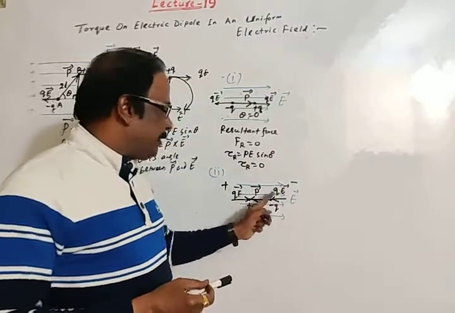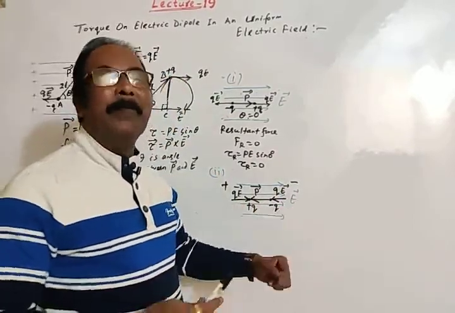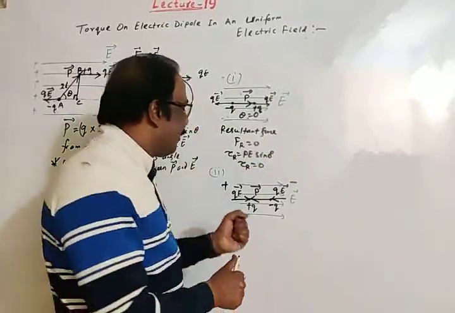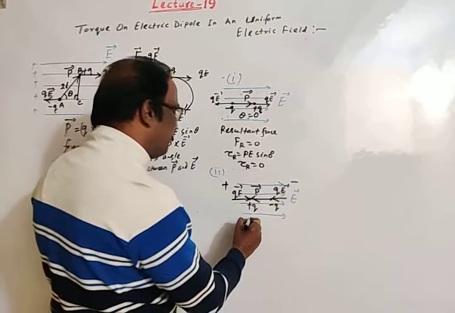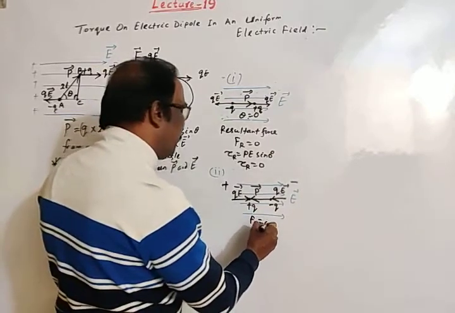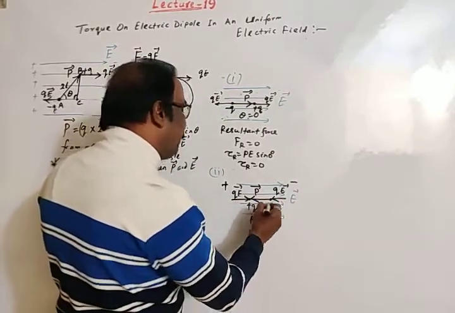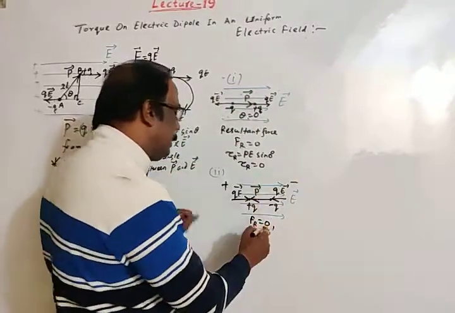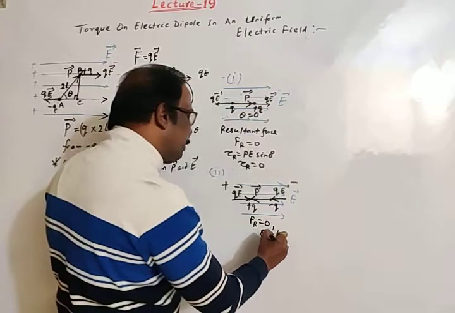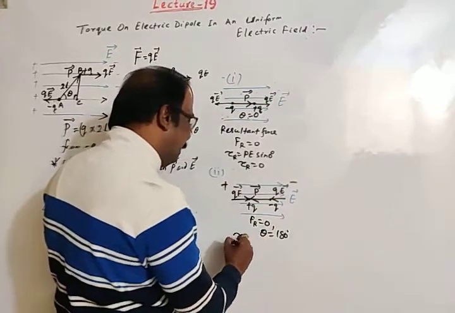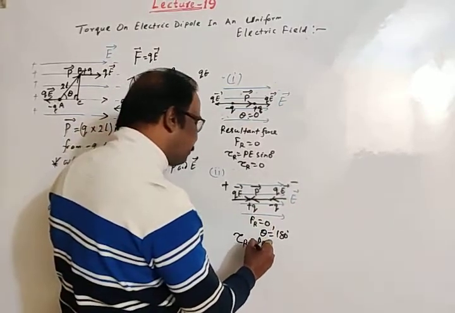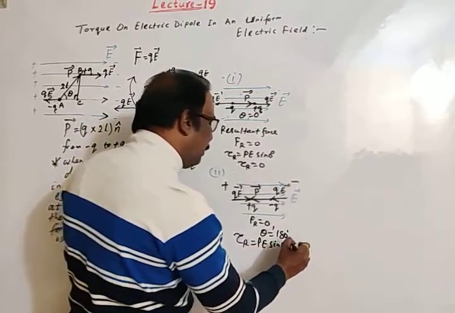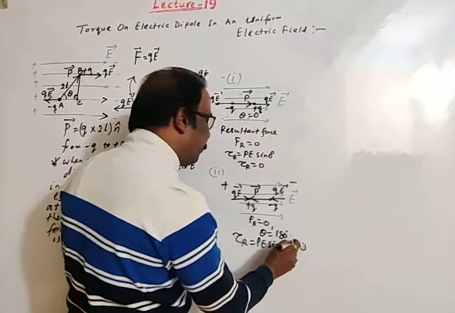Since these two forces are equal in magnitude and opposite in direction, the resultant force is 0. The dipole moment and electric field are oppositely directed, so theta is 180 degrees and the resultant torque is PE sin 180 degrees, which is equal to 0.